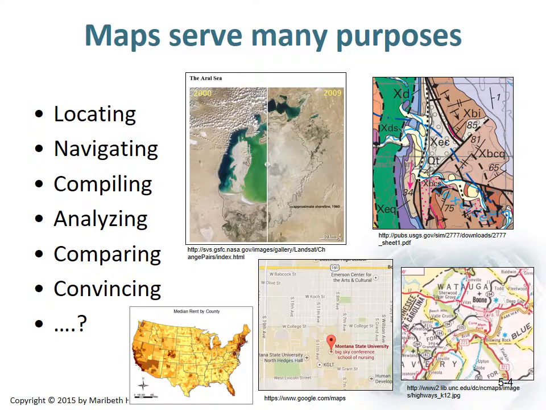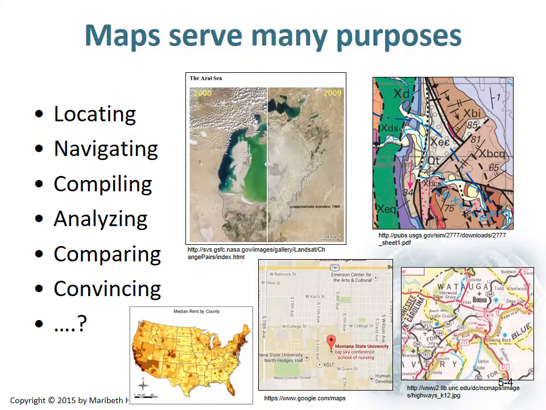We see them in the news quite often, convincing people of one position or another on some spatially related issue. Maps get used all the time for that. Think about polls during a presidential election cycle, where they show polls by county, polls by state, how many people support one candidate or another. Maps often appear in the news in those contexts, and also for understanding events that are happening in the news, like natural disasters, the location where it was occurring, how it occurred, what happened, how much devastation there was afterwards.